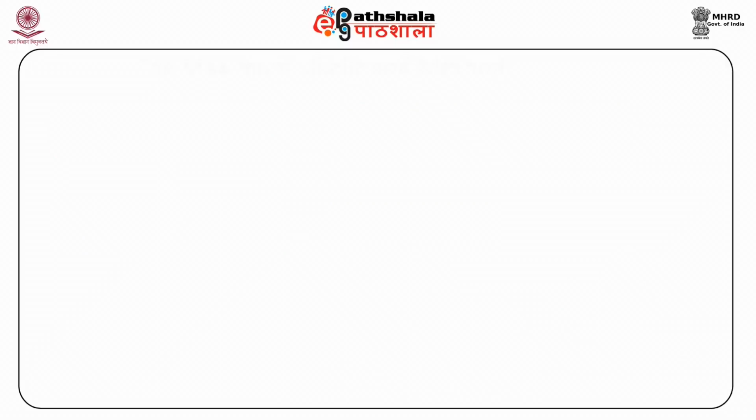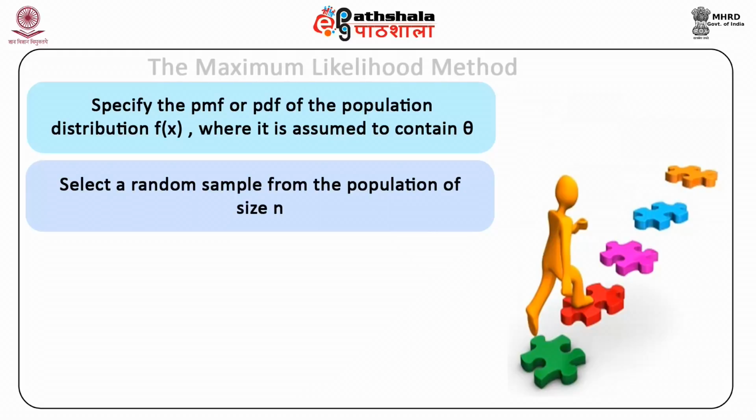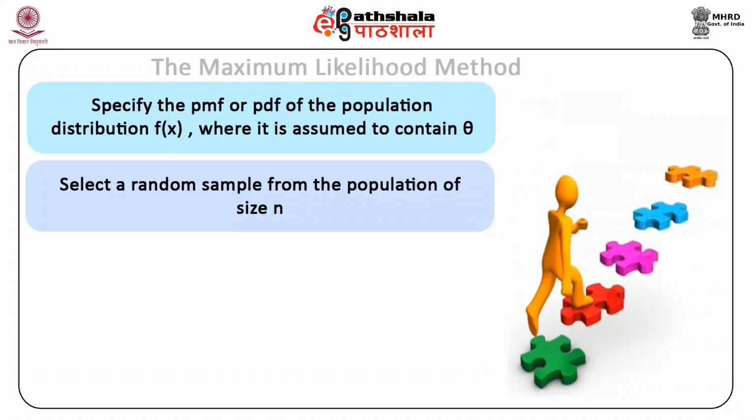Next method we discuss is the maximum likelihood estimation method. The steps involved are as follows. First, specify the PMF or PDF of the population distribution f(x), where f(x) is assumed to contain the unknown parameter theta. Second, select a random sample from the population of size n, which will mean x1, x2 to xn.